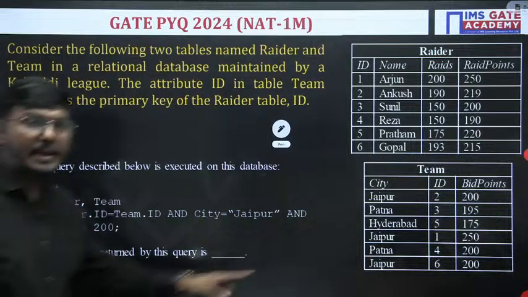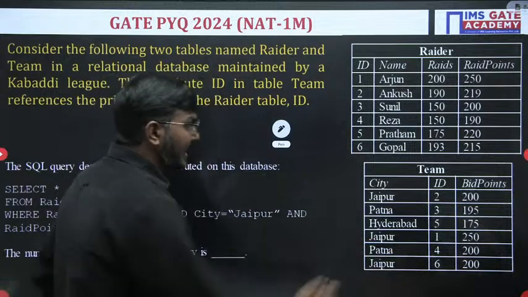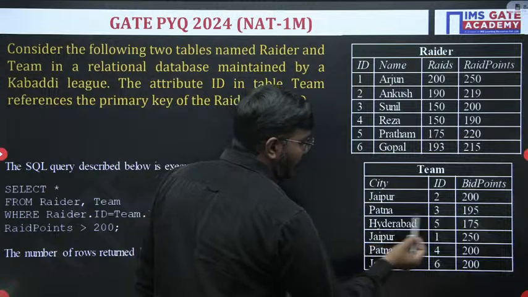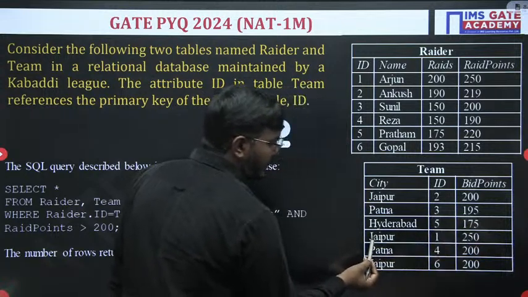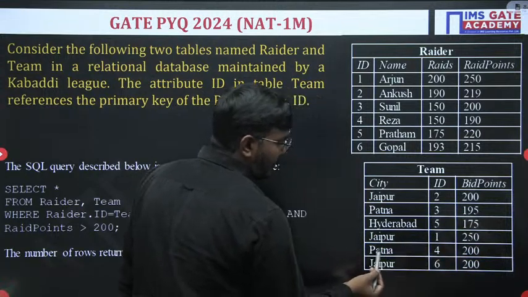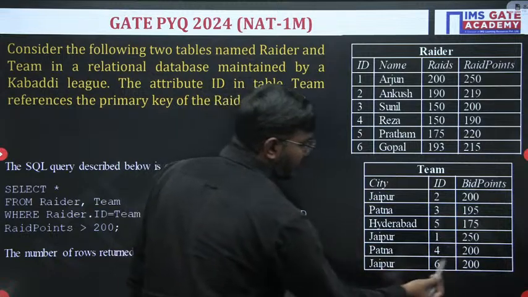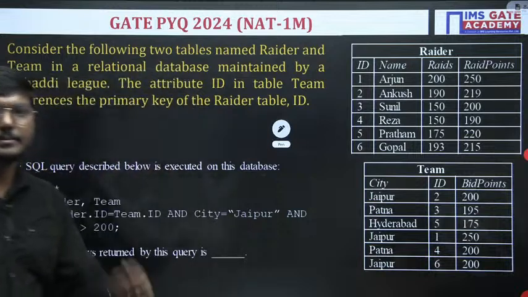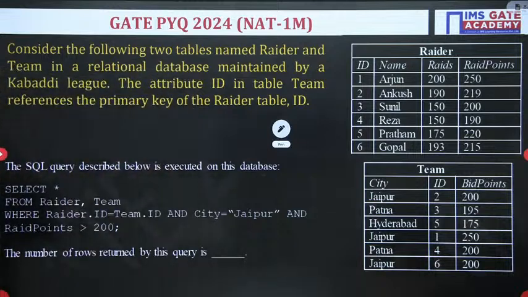Here see, maybe according to the data here, the last one is nothing but Patna 3 195, Hyderabad 5 175, Jaipur 1 250, Patna 4 200, and Jaipur 6 200. These are the last values here. Anyone got the answer?